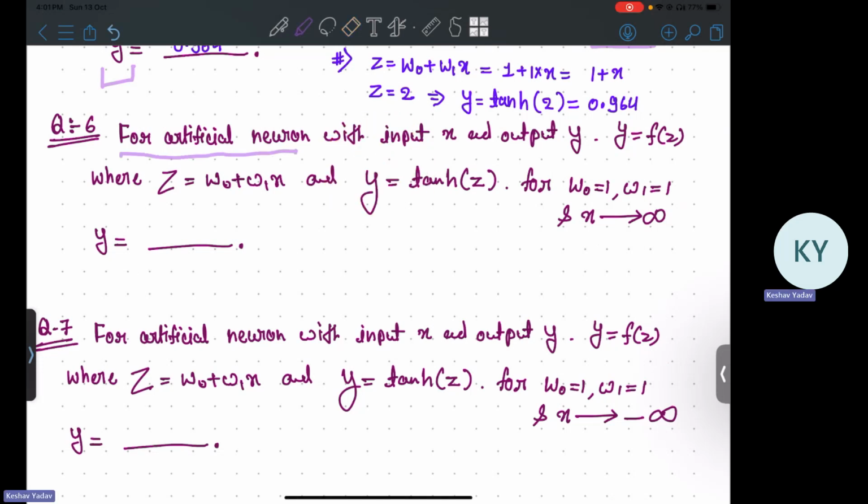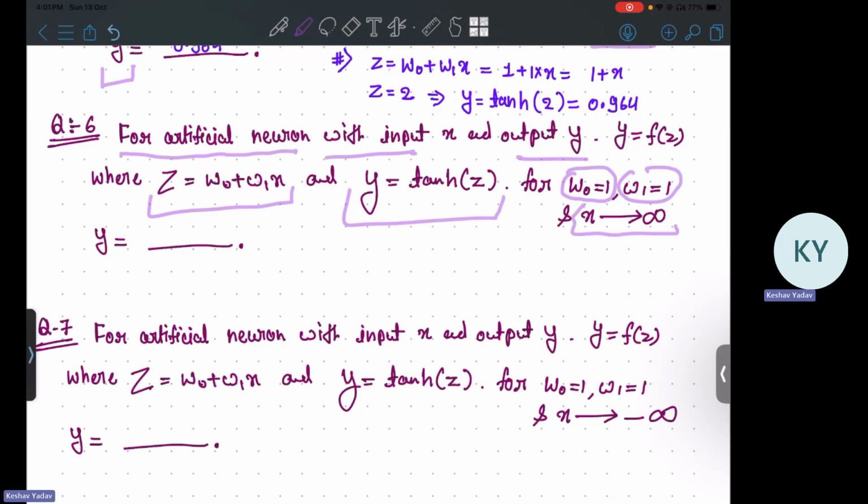Artificial neuron with input x, output y. z is defined as w naught plus w1 x. y is defined as tan hyperbolic of z. Here w naught is the same, 1, w1 is also 1, but my x tends to infinity. So what was the value that I found? My y was tan hyperbolic of 1 plus x.